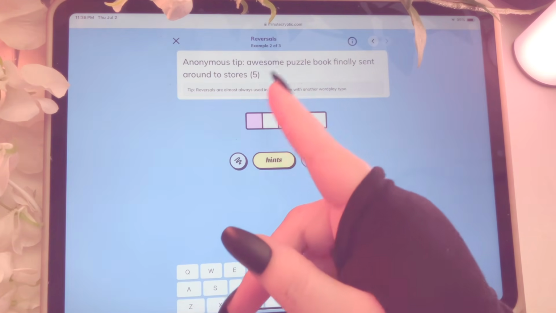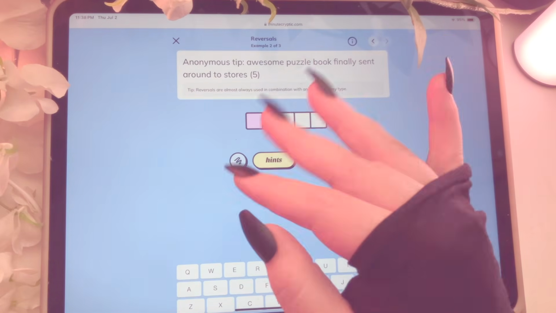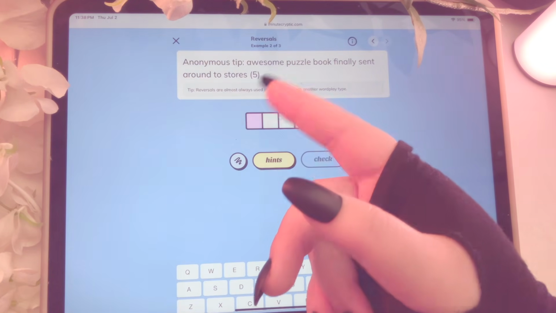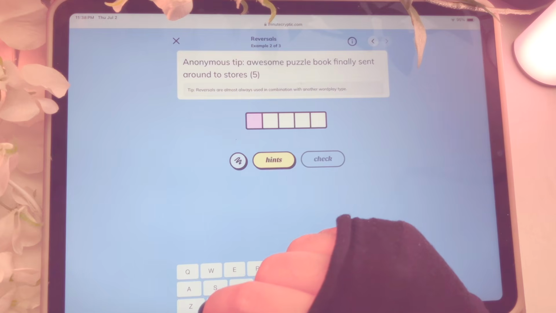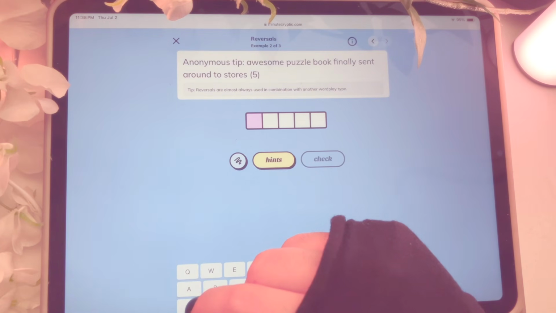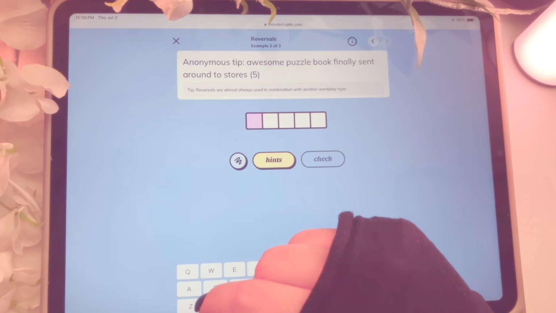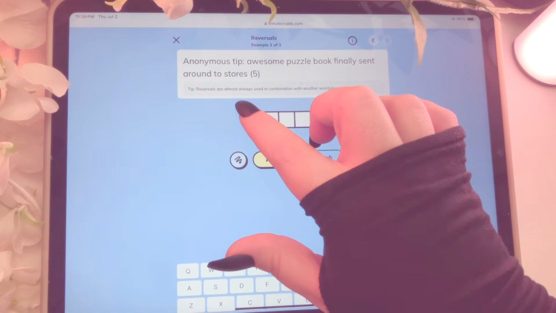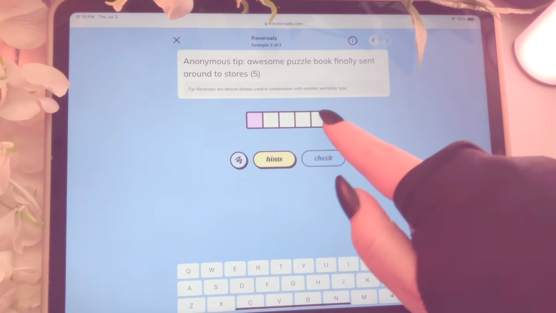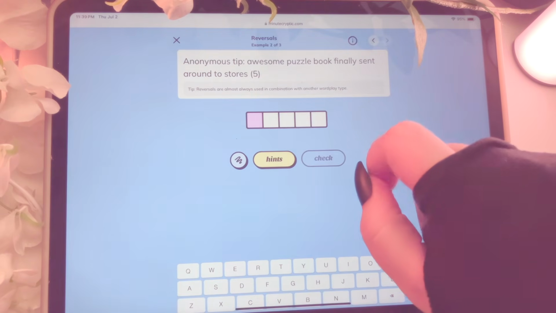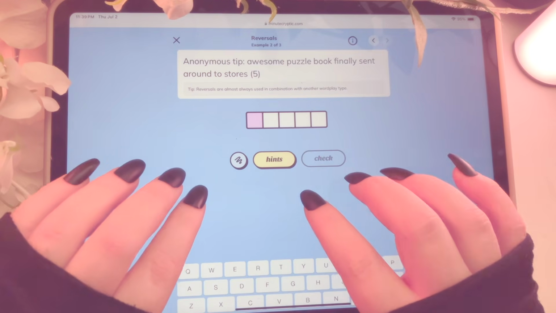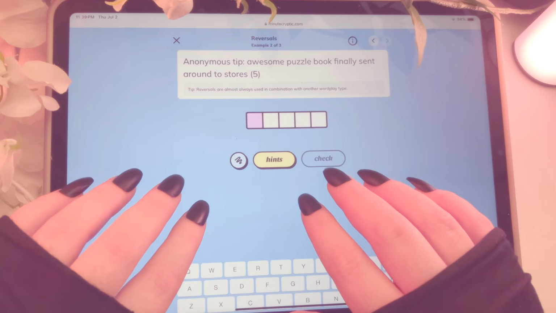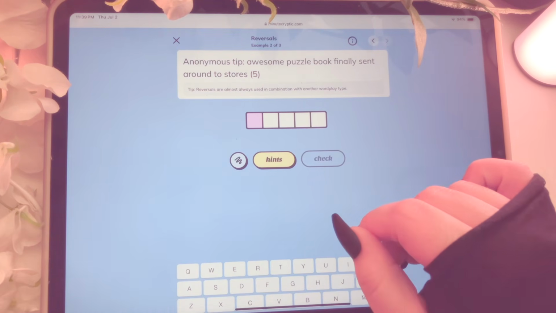So some fodder is being sent around. But it's such a long clue for only 5 letters that it's hard to know what we're being told. This is your tip. Reversals are almost always used in combination with other wordplay types. So we're going to be looking for an additional indicator, not just a reversal.